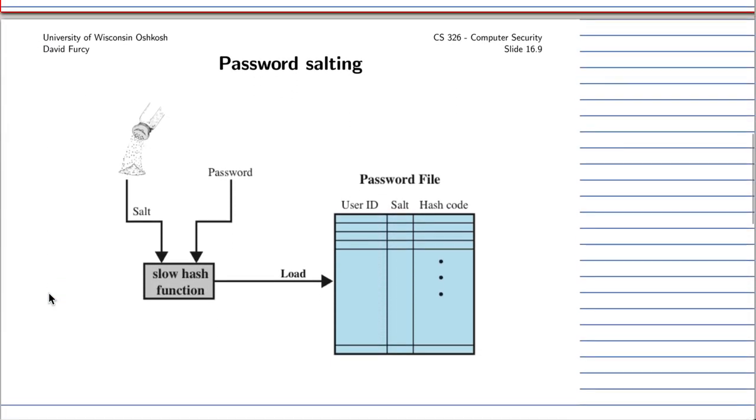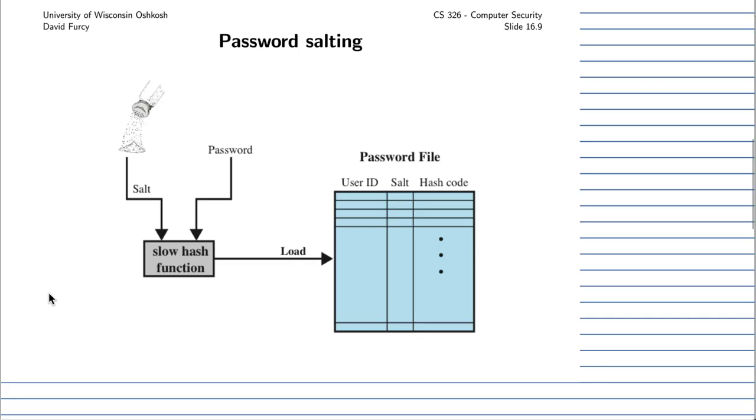Okay, so it's a two-step process. Here we're going to talk about the step that takes place when the user is first creating their password or when they're resetting their password to a new value. So this password here then is given by the user, is input to the system by the user.